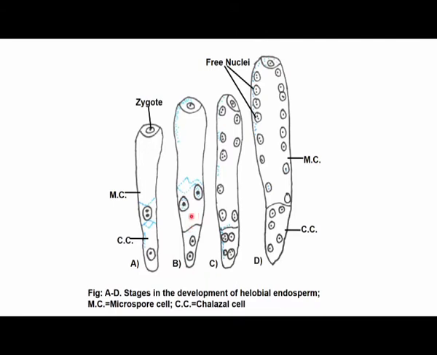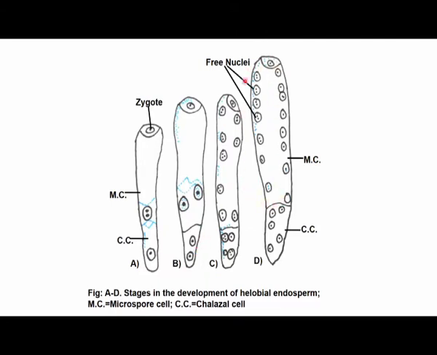So, at this stage it follows the developmental stages of the cellular mode, forming 2 cells or 3 cells or whatever, and after that it follows the nuclear mode of endosperm development, where it just does multiple divisions without forming a cell wall. That is what you see here.